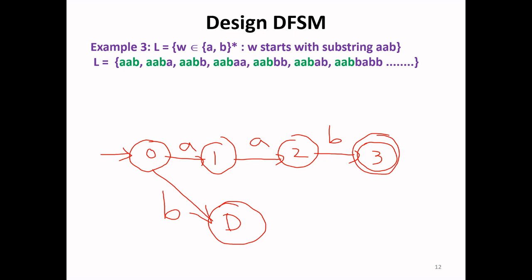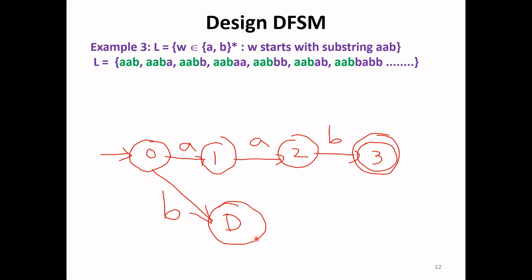This state is called a trap state or dead state, as it will have incoming transitions to it, but it will not have any outgoing transitions to any other states other than the dead state itself. So now from state 0, for input symbol A we go to state 1, and B goes to the dead state.